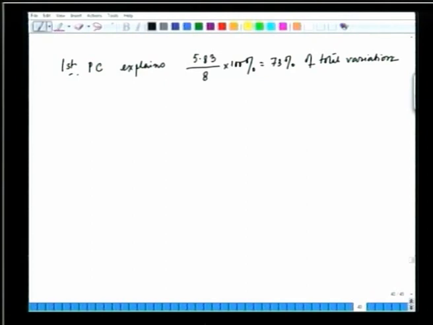Fine. One may not be happy with only 73% of the total variation being explained by one PC, so I may not say that I am going to reduce the dimension to 1. Let's consider the first and the second PCs together.